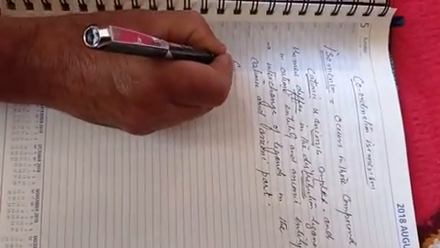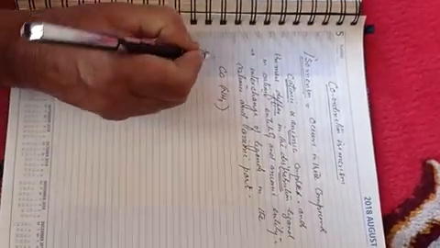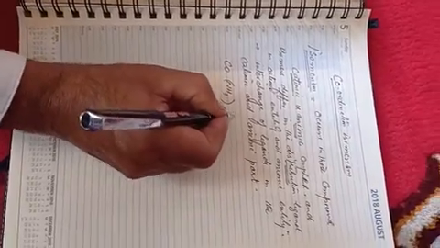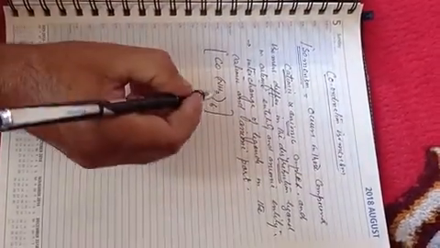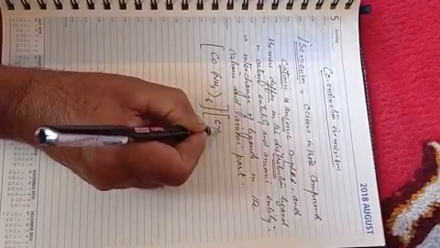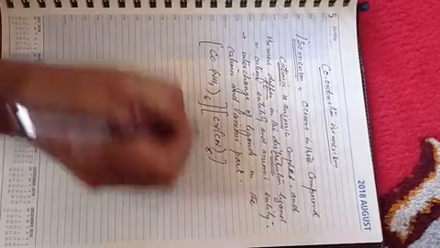For example, I will write it: Co(NH3)6, this is the cationic part, it is a complex, and in this compound there is Cr(CN)6. Let us name this compound.